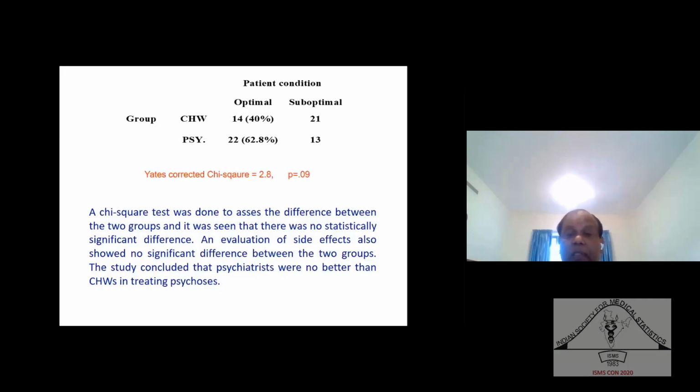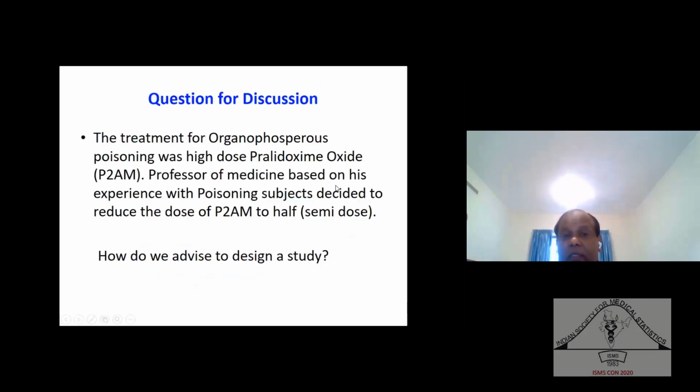Now, please remember that what Kant has taught you about margins, etc., has to be organized. So, say for example, high dose pralidoxime is given in the treatment of organophosphorus poisoning.